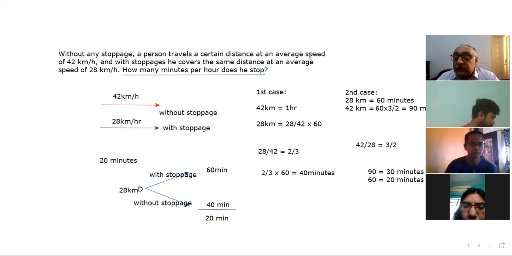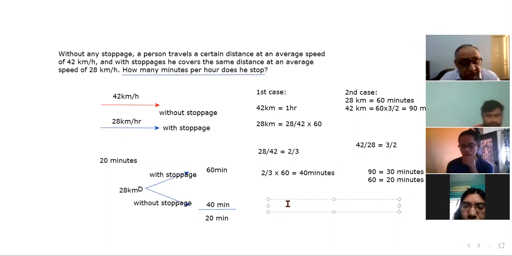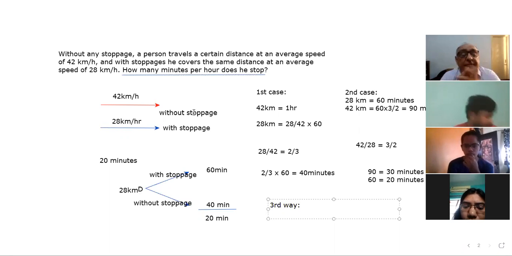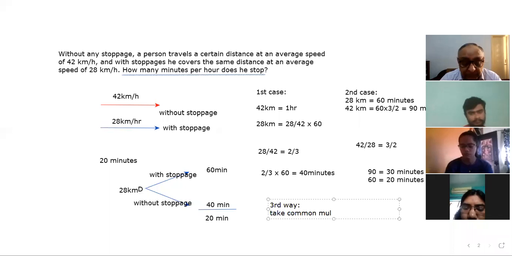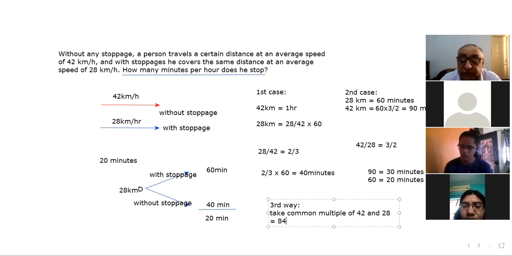In the third way, we need to take the common multiple of 42 and 28, because we have been given two numbers over there. 42 and 28 are the distances. So the common multiple of 42 and 28 is equal to 48 kilometers.